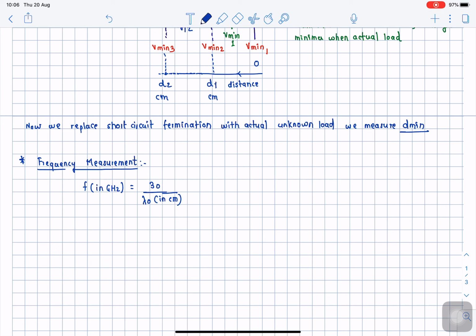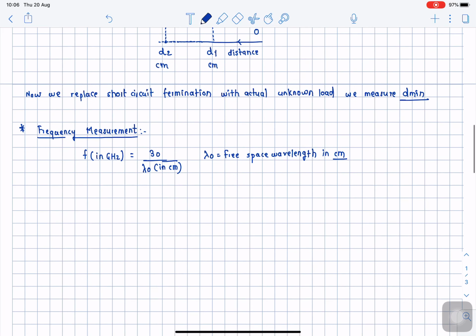Here lambda 0 is known as the free space wavelength, and we need to find it in centimeters. Once we know the value of the free space wavelength in centimeters, we can put it into this equation and directly calculate the generated microwave frequency in gigahertz, right?